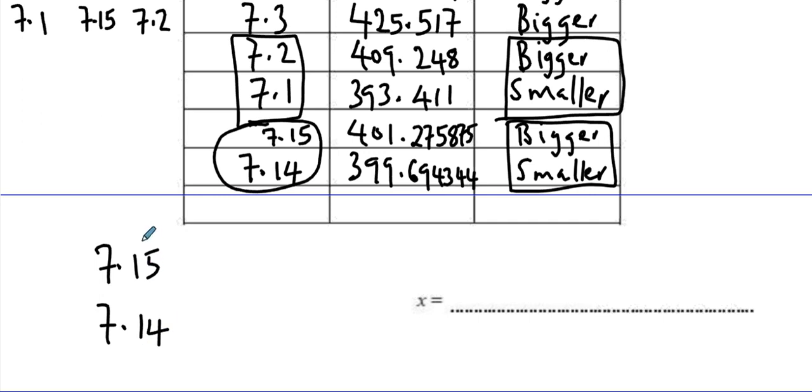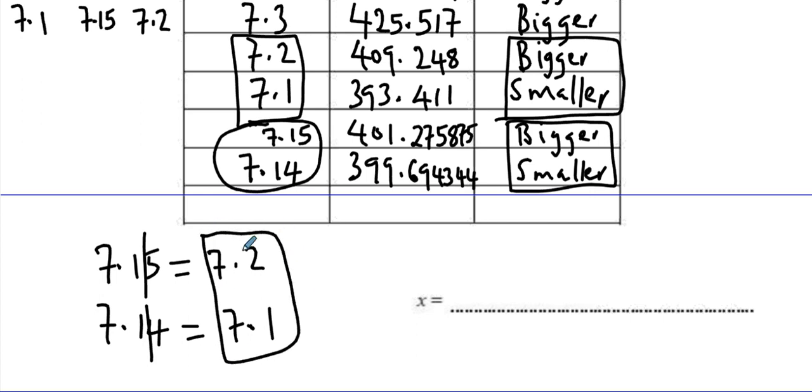But when we round 7.15 correct to one decimal place, you'll be getting 7.2. When you round 7.14 to one decimal place, you'll be getting 7.1. Now, which one? Because we were expecting the same answers, but we are getting 7.2 and 7.1.